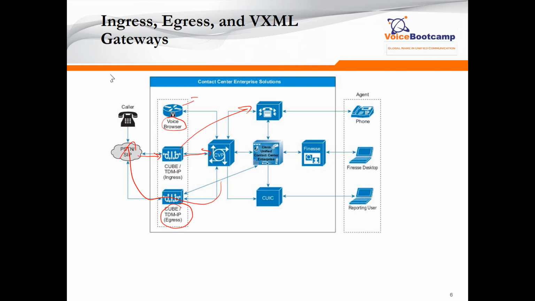This is required if you're going to use CVP only. In this scenario, the VXML browser will communicate with the CVP server to process any sort of VXML application. Keep in mind that you can actually achieve all these three functions from a single router, provided that you have the necessary resources.